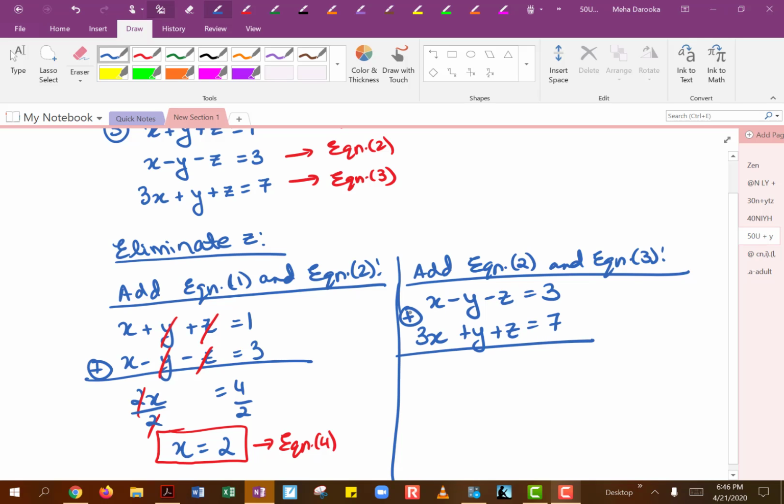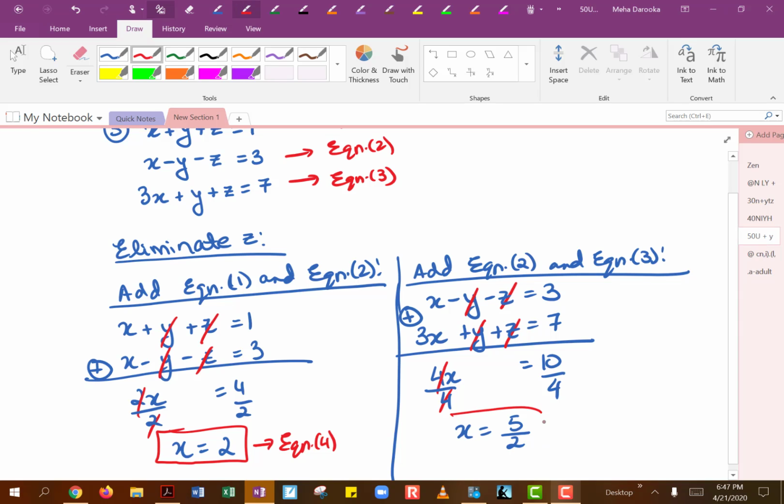So we're adding the two equations, and again our x terms will stay, negative y and positive y cancel out, negative z and positive z cancel out, leaving us with 4x equals 10. Get x by itself, divide both sides by 4, and 10 over 4 can be reduced down, which will become 5 over 2 because 2 is common between both of them.